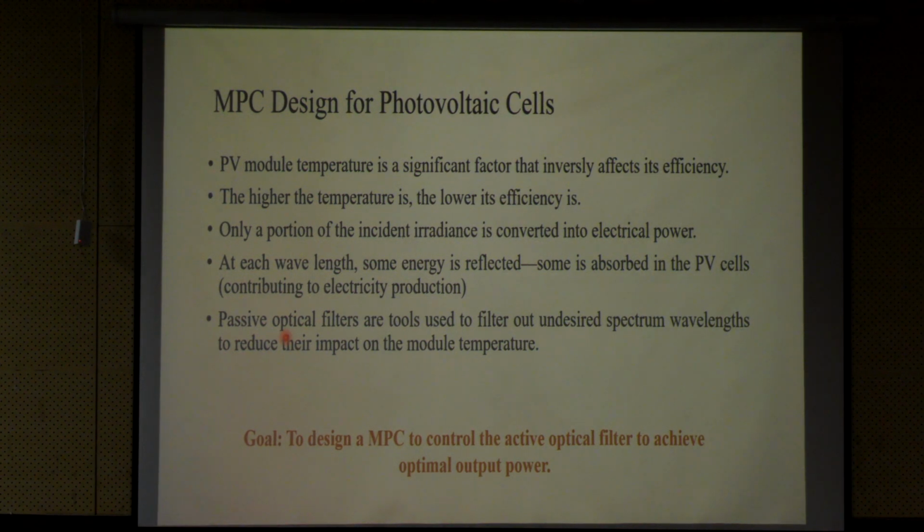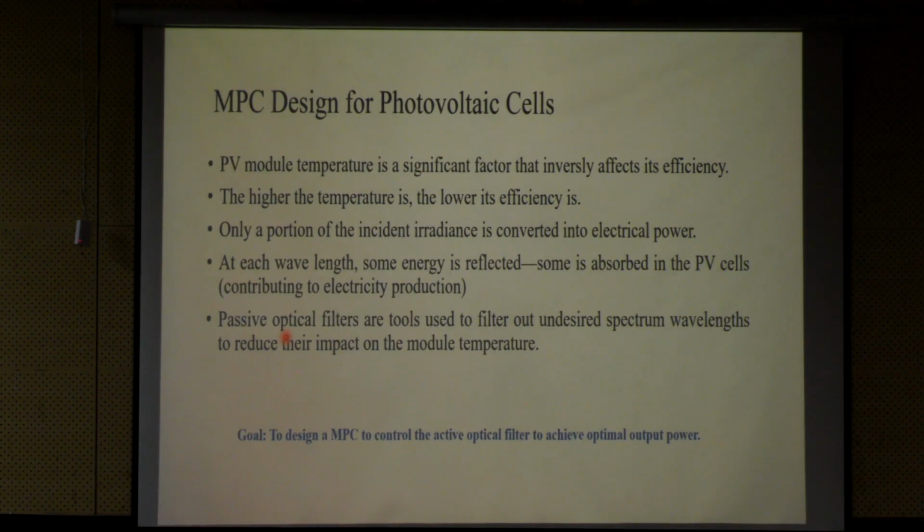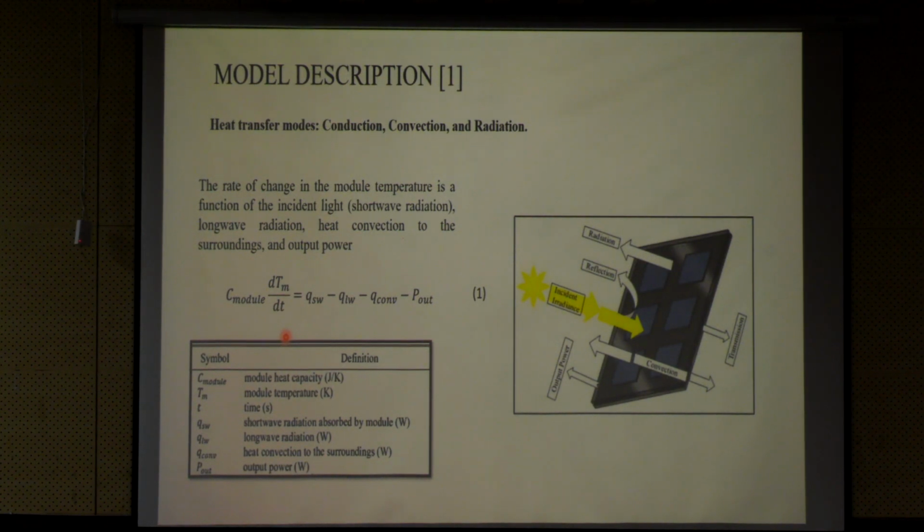Okay. This model I have taken from a reference paper. If you can see, if the total incident radiation is this much, we will have some losses through reflection, and some will give you output.